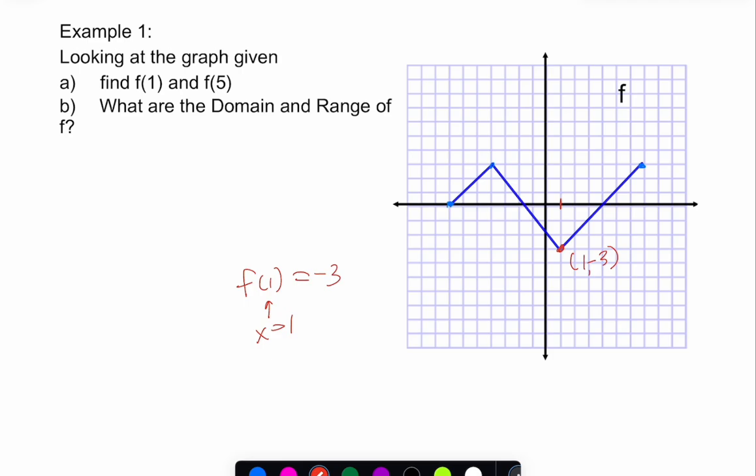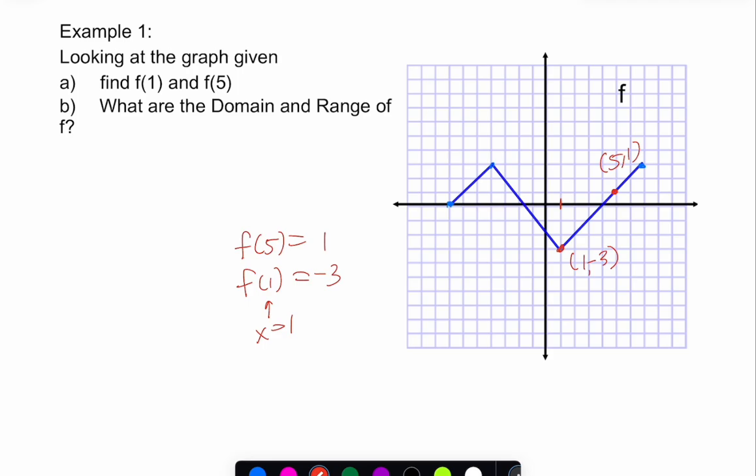F of 5, we go over to where we have an x value of 5. And let's assume it hits at that nice point 1. And so f of 5 would be equal to 1.